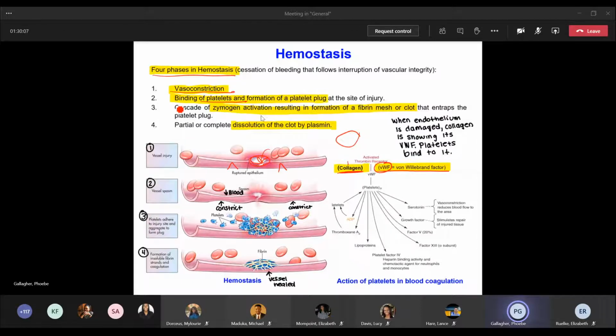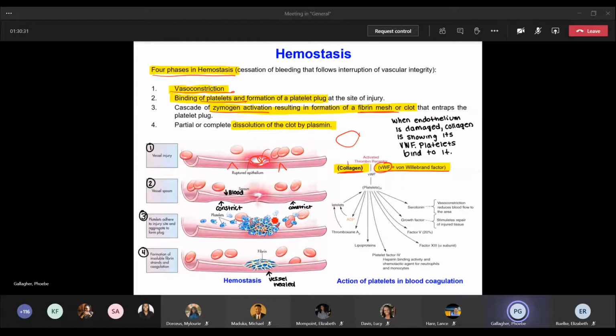Your third step now is the zymogen activation. This also deals with the collagen. It's what she mentioned to be the negative charge on the collagen that is activating the first factor to become active, which then triggers that cascade that we'll talk about. The zymogen activation is important for forming the fibrin mesh. You'll initially have all of these platelets binding.